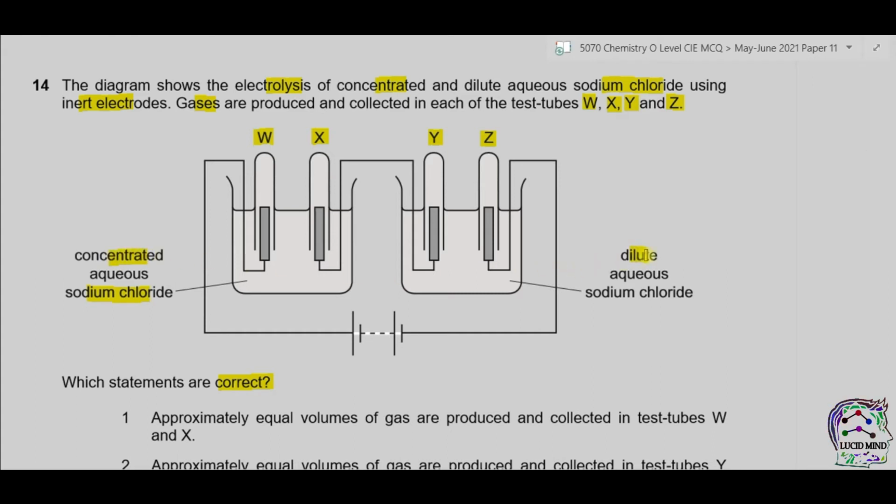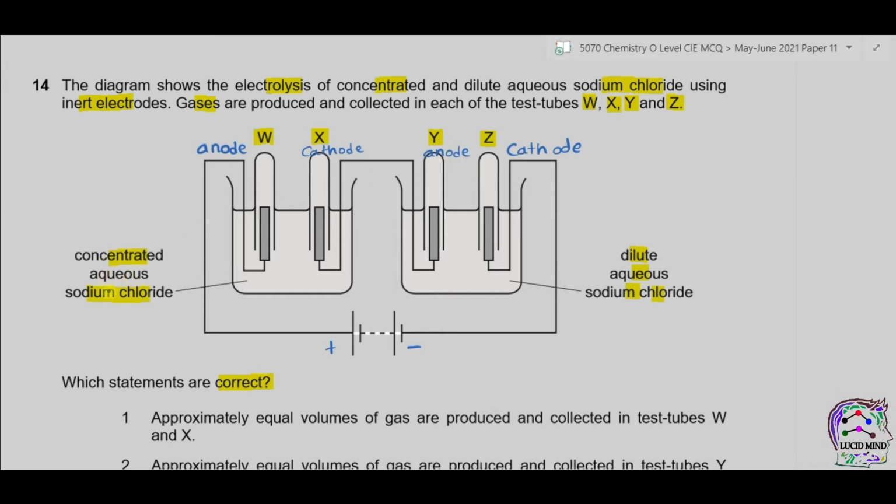We have dilute aqueous sodium chloride in this one. This one is the positive terminal of battery and this one is the negative terminal. So positive terminal connects to the anode while negative terminal connects with the cathode. If this is anode, then this will become cathode. If this is cathode, then this will become anode.